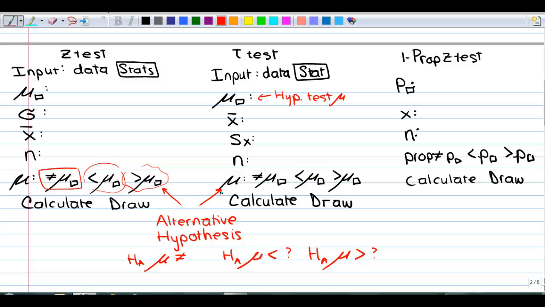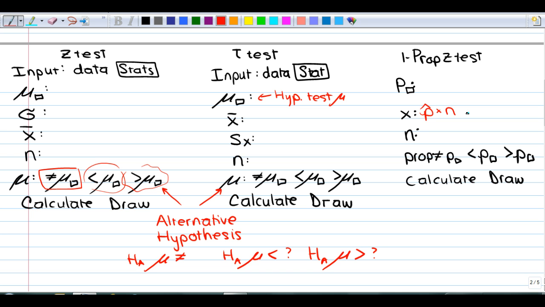Sometimes we're given a situation where we just know our sample proportion. We don't know the x and the n, but we always know n. So if you had a sample proportion, you could type that number in and multiply it by your sample size, and that would give you the x value.